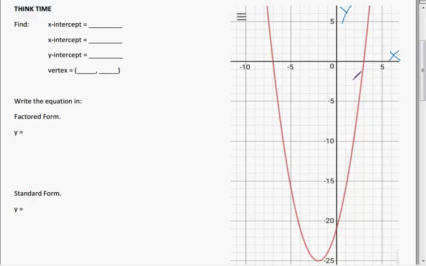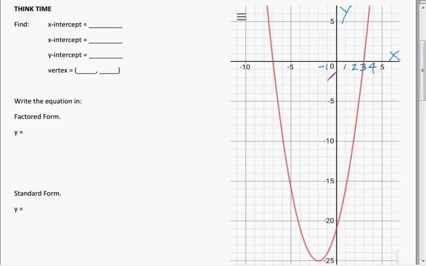So I know that there are 1, 2, 3, 4, 5. There are 5 squares in between. So I call this 1, call this 2, call this 3, call this 4.